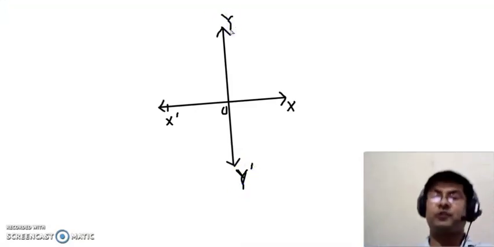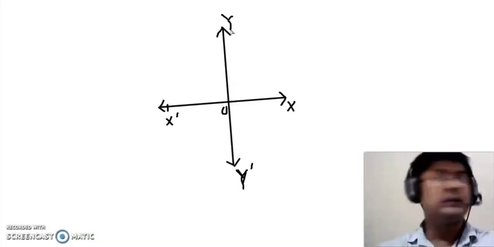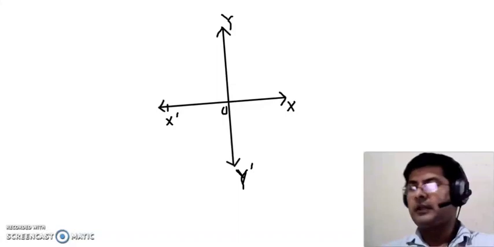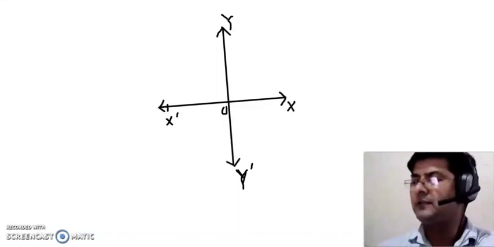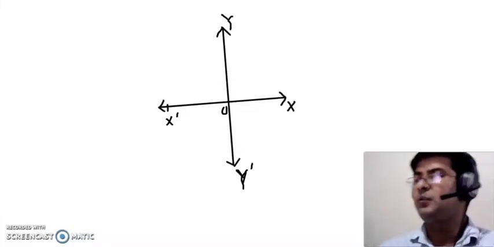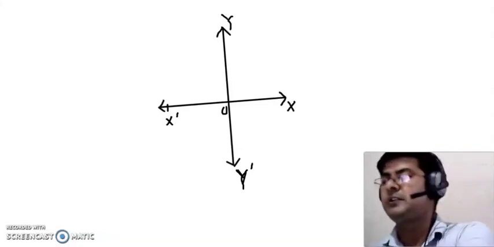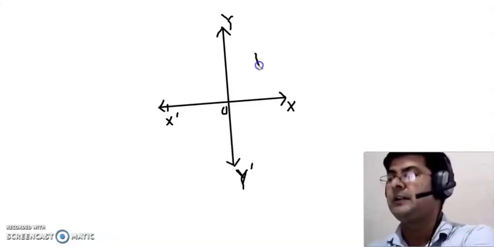Notice that these two lines, X dash OX and Y dash OY, divide the plane of paper into four equal parts. Each part is called a quadrant. So here XOY is the first quadrant.